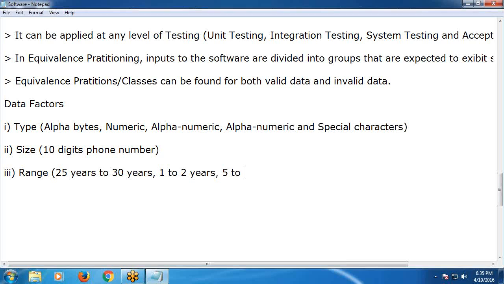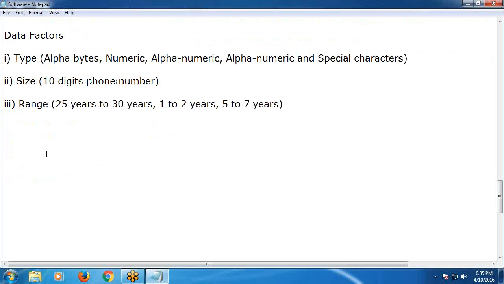Now Rahman, we have 3 data factors: type of the data, size of the data, range of the data. Okay? Yes, sir.